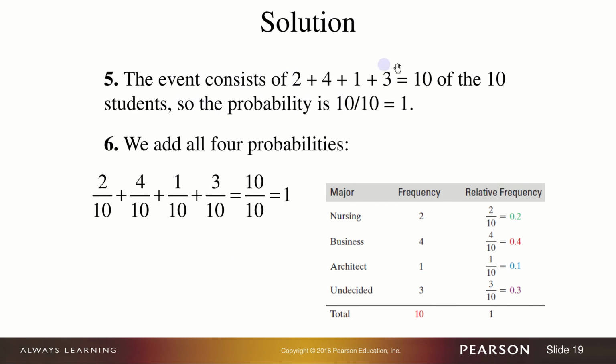Now, in the part where they ask you to calculate the relative frequency of the nursing, business, architecture, or undecided students, well, remember, that's the entire sample space, and that always ends up being 10 over 10, right? So look, if you just add all those relative frequencies, what do you get? 1.